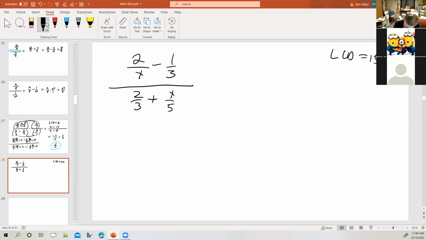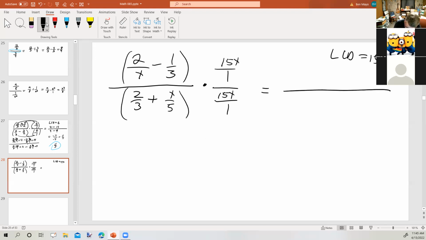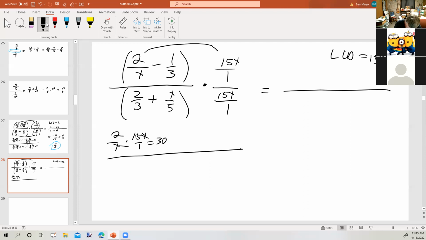All right. So now I'm going to multiply by 15x over 15x, and I'm going to distribute. 2/x times 15x over 1 is going to be 30, because the x's will reduce out.